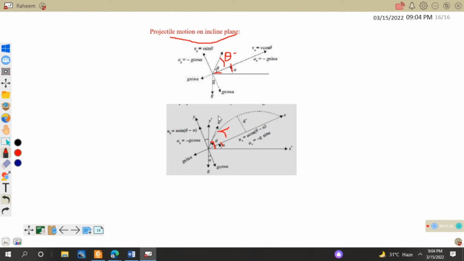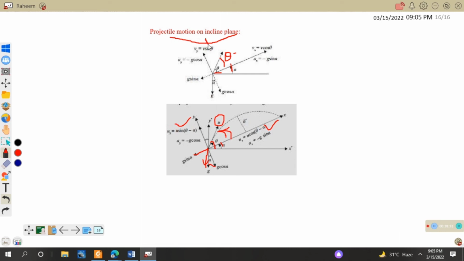If we resolve this velocity into two components, the component along the plane will be u cos of theta minus alpha, because now we have the net angle theta minus alpha for this inclination, and the perpendicular component uy will be equal to u sin of theta minus alpha. If we resolve g into two components, one will be g cos alpha and another will be g sin alpha. g sin alpha will be along the inclined plane, and g cos alpha will be perpendicular to the inclined plane.